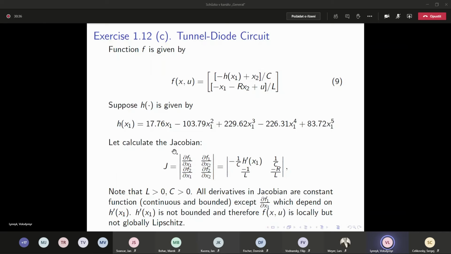Let's calculate the Jacobian, and all derivatives in the Jacobian are constant functions, continuous and bounded, except the first partial derivative of phi1 with respect to x1, which depends on the derivative of h, and from this we can see that this derivative depends on terms such as x1 squared, x1 cubed, and so on, and it is not bounded, and therefore this function is locally but not globally Lipschitz.